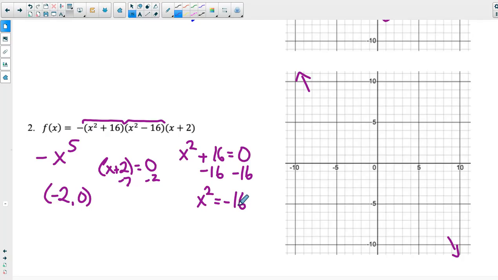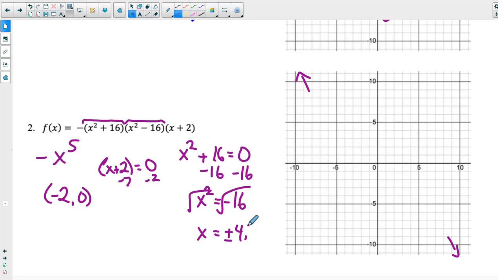What's the square root of negative 16? 4i. And I'm going to add that plus or minus in front of it. Where is i on the graph? It's on a different dimension than our paper, so we don't actually have it.